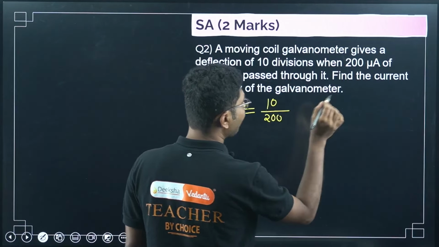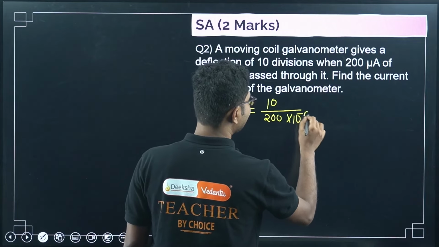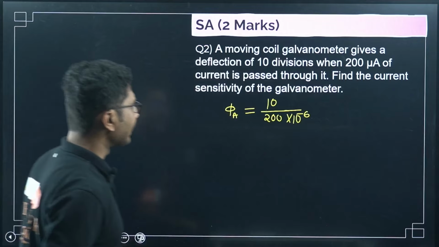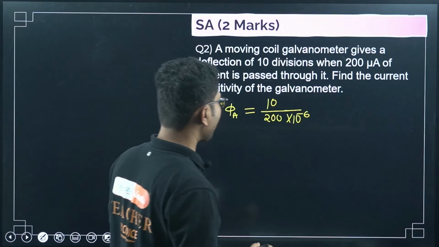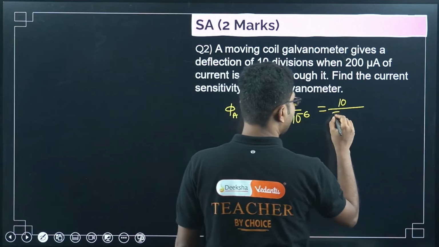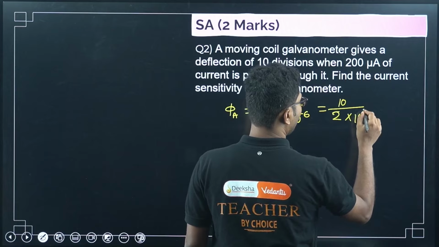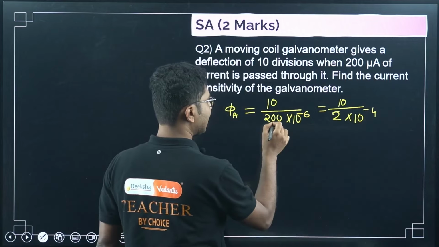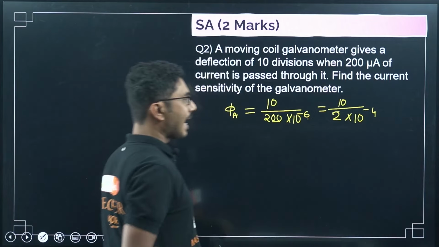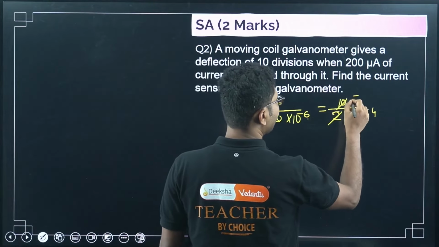Now it is a microampere, so microampere means 10 to the power of minus 6. Okay, so 10 divided by 200 times 10 to the power of minus 6, or 10 divided by 2 times 10 to the power of minus 4. So I have taken these two zeros and I have adjusted against minus 6. So you just have to be careful.